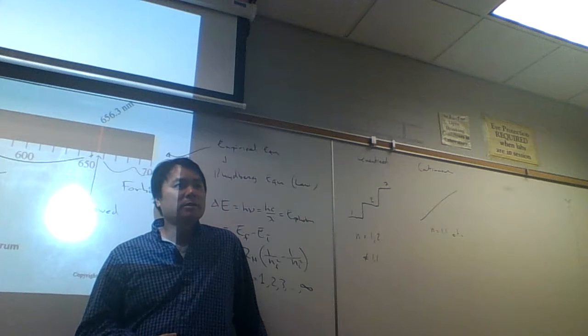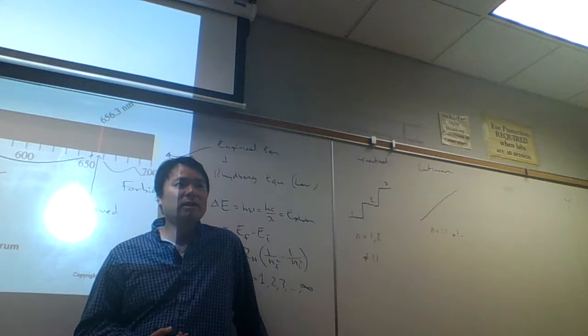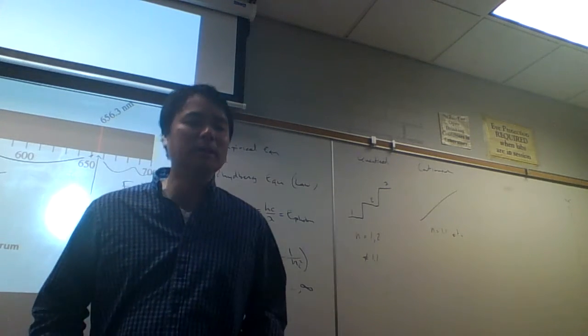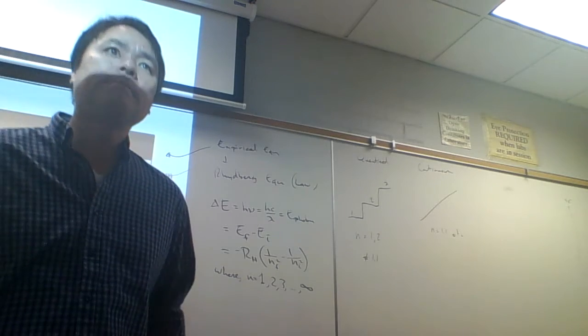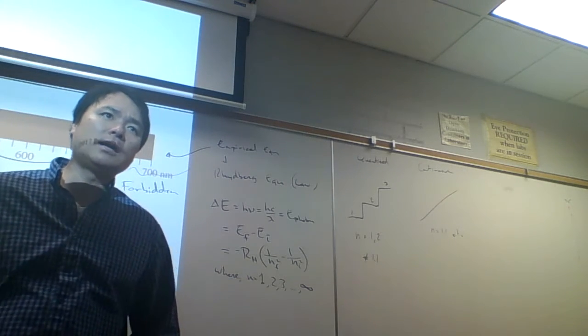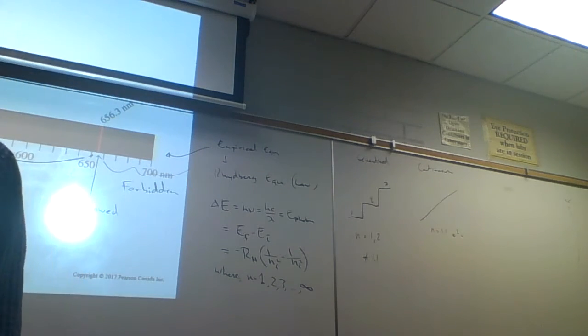They hypothesized that they're going to see 4 lines in the hydrogen atom spectrum, and that these 4 lines are going to be red, green, blue, violet. And the red line is going to come out to 656.3. Did they hypothesize that hydrogen is not going to be a black body emitter? No, they hypothesized that hydrogen is going to be a black body emitter.